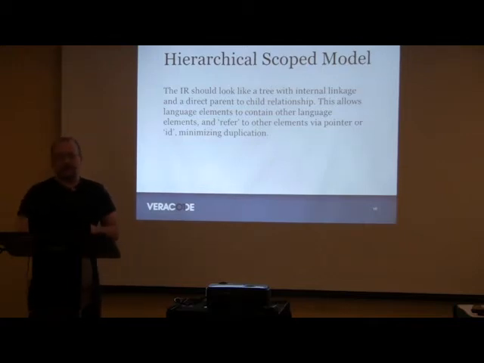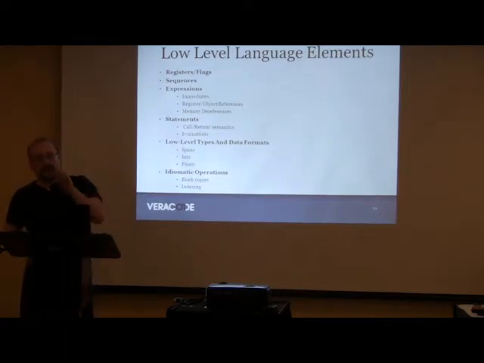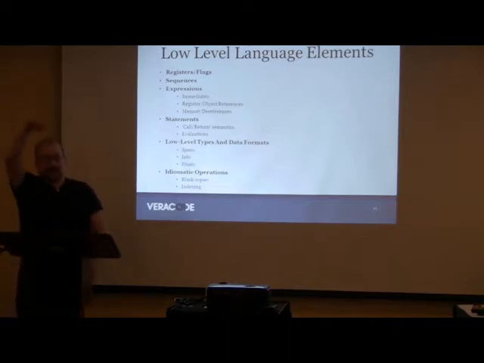The idea here is that you have a tree of things like namespaces, which contain other things. These scoped objects are things that contain other things. So namespaces could contain classes, and classes can contain objects and procedures. Procedures could contain statements, and those can have expressions in them, and those can have internal references to variables, which are somewhere else.